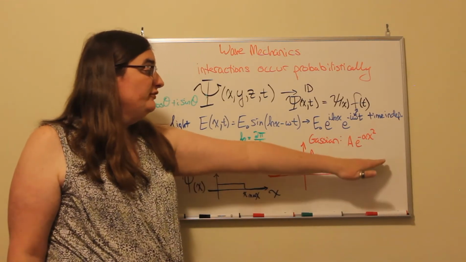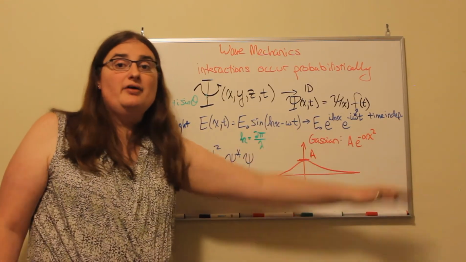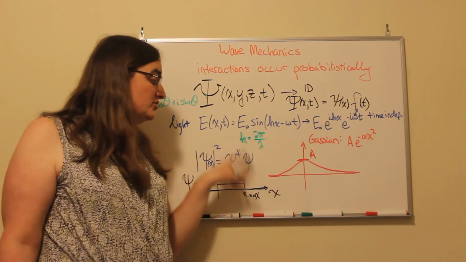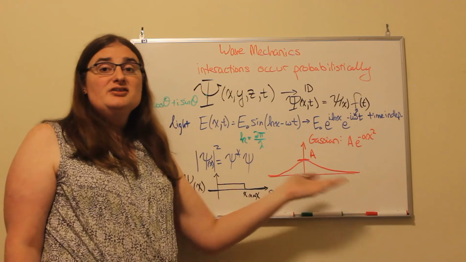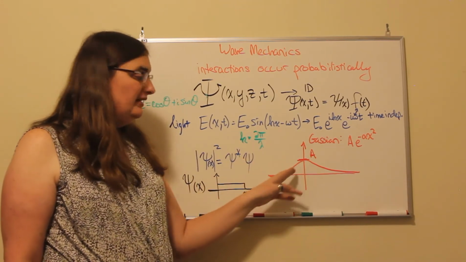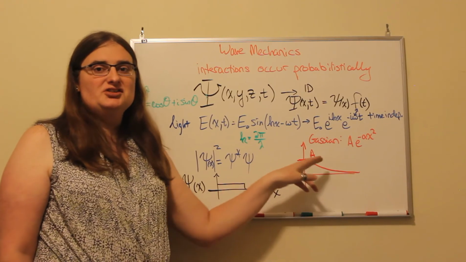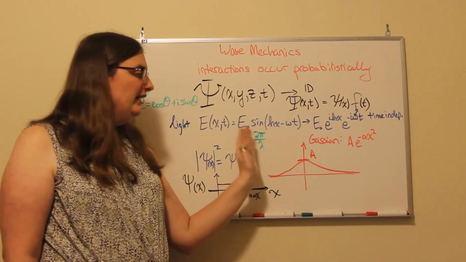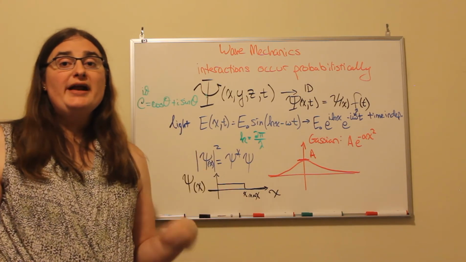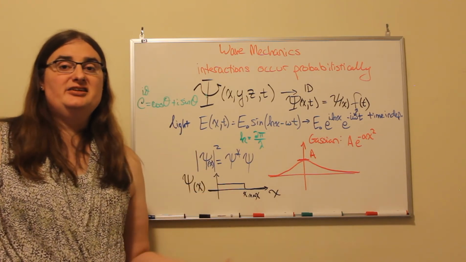As x goes to infinity, this goes to 0 very rapidly. As x goes to minus infinity, this goes to 0 very rapidly, symmetric about the ends. But what we would see happening are most of the interactions occurring near the middle, and the farther away we go, the more rare it would be to see an interaction.